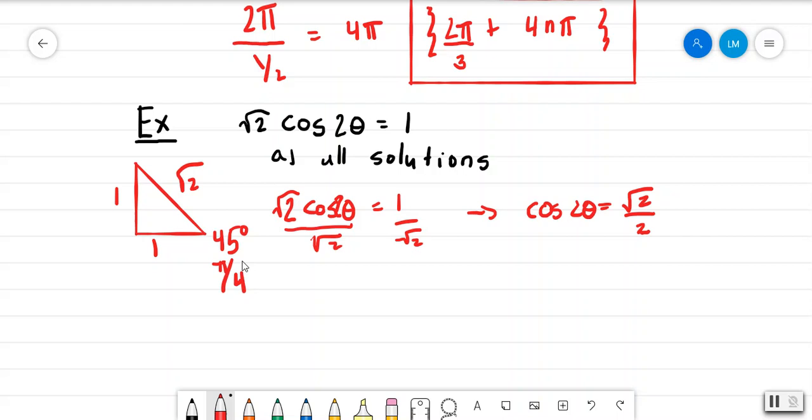So that means that 2 theta has to equal pi over 4, and it also has to equal 7 pi over 4.